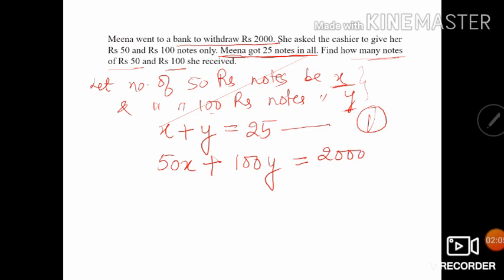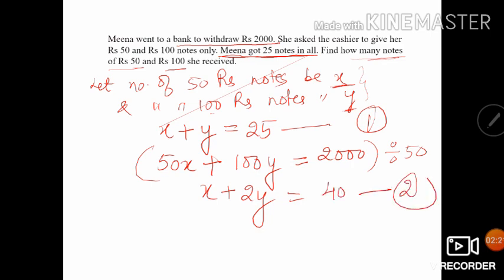So we get our second equation, but we need to reduce it. So we can divide throughout by 50. So x plus 2y is equal to 40. This is our second equation. Now I leave the solution part to you. Use the elimination method and solve it.